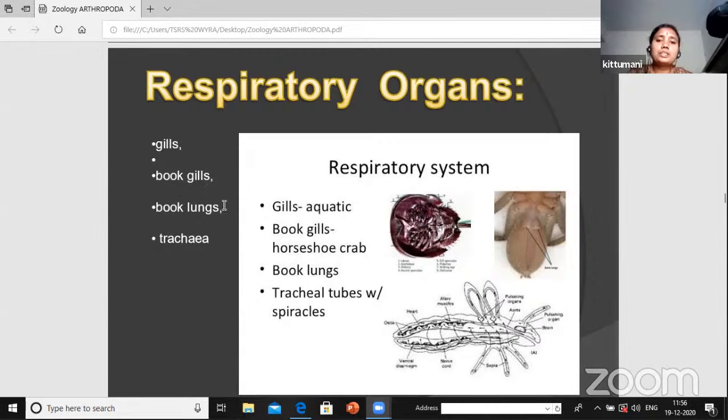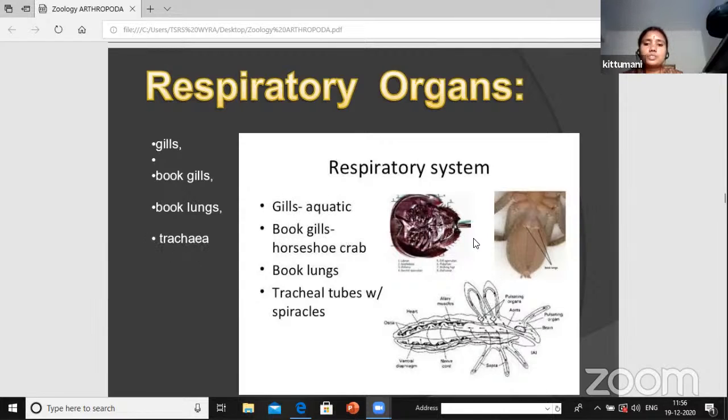Here book gills are also present, and book lungs, meaning book-like structures, gills in a book-like form. So book lungs are also respiratory organs present in the phylum Arthropoda. And trachea, when arthropods are related to land motion, are the respiratory organs of the phylum Arthropoda.